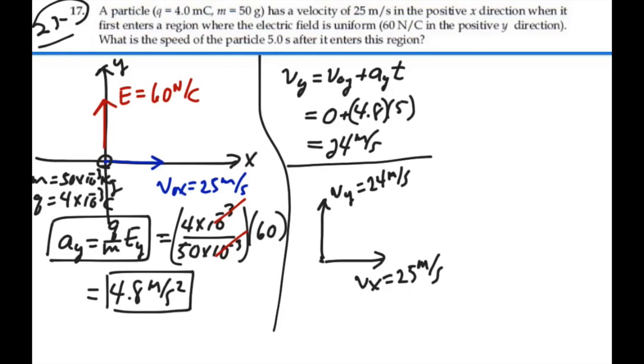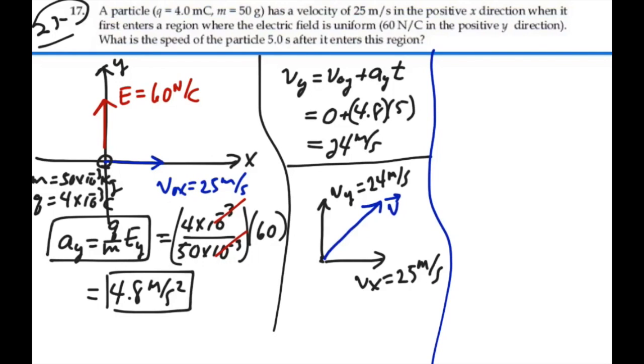Our net velocity then is the vector sum of these two. So the magnitude of that vector will be, by the Pythagorean theorem, since these are perpendicular, the square root of the sum of the squares of each component.